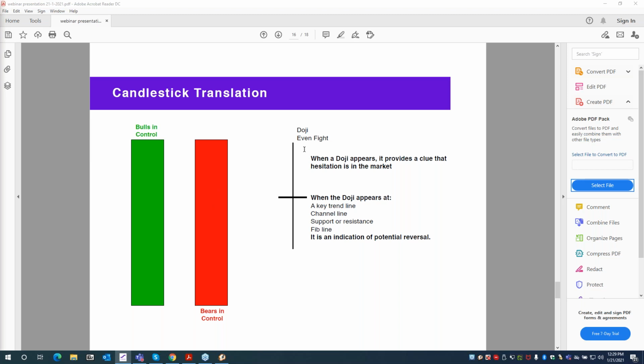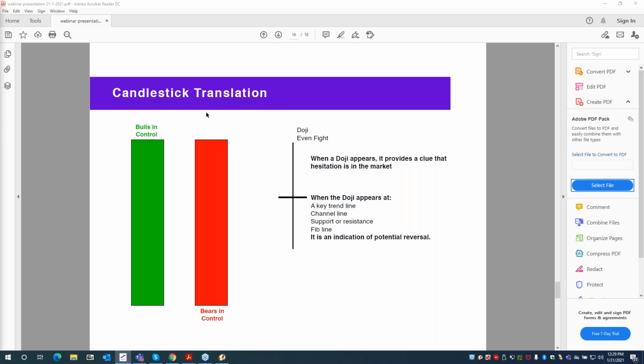Now a doji, okay, this is basically a candlestick where there's no body. On the MT4 chart, when you're trading the streams, you'll probably see a few dojis on the 1 minute, on the lower time frames. You can also find them on the higher time frames, but overall, you usually find them on shorter time frames.